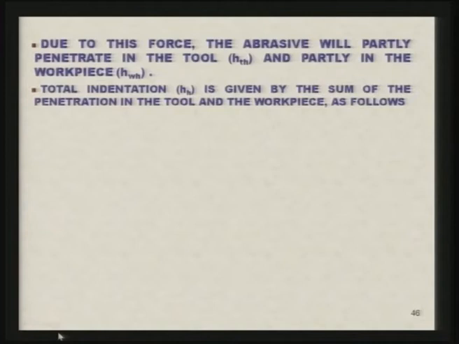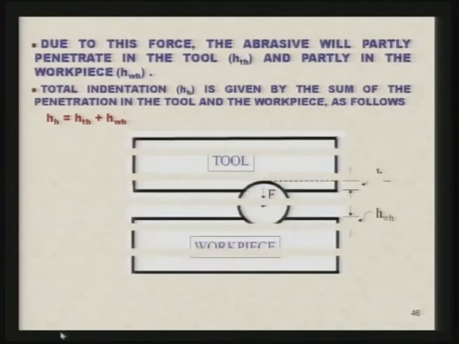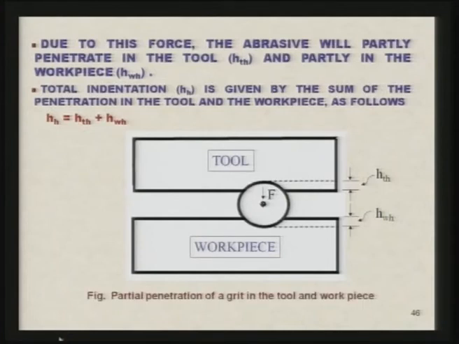Total indentation Hh during hammering is given by the sum of the penetration in the tool and the workpiece, and it can be expressed as Hh is equal to Hth plus Hwh. This is very clear from this figure. Hth is the penetration depth inside the tool and Hwh is the penetration depth inside the workpiece, and force F is acting on the grit particle.